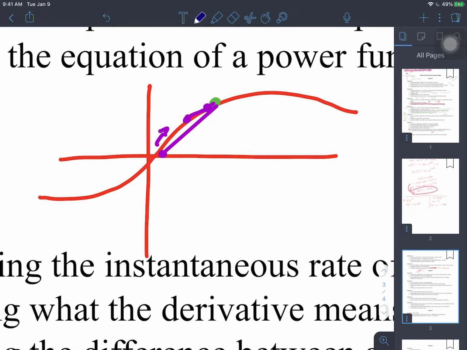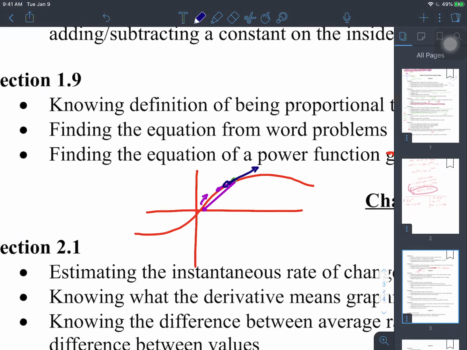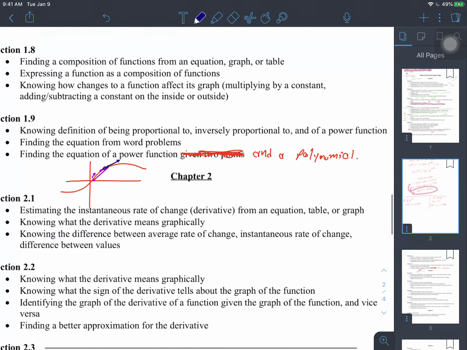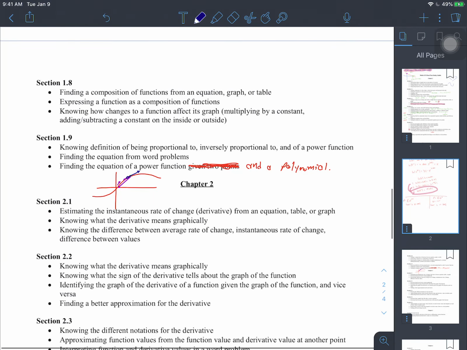Let me use blue maybe. And then we got to a point where it was looking kind of like the tangent line. And that was how we computed instantaneous rate of change. So I do want you guys to know how to compute the derivative using this method. I'm not going to ask you a question where I say, I want you to compute it in this particular way over another way, but I may give you a problem where there's really no other way to do it.